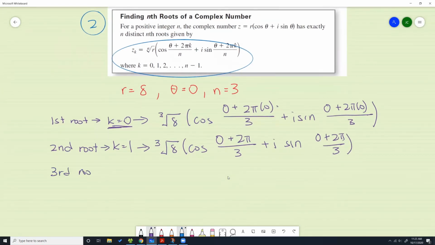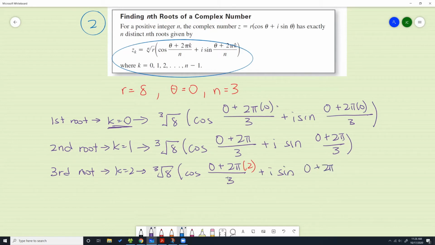Third root, k equals 2, cube root of 8 cosine 0 plus 2 pi times 2. So there's a lot of copy and pasting to use this equation. It's not as bad as it looks, but still a lot of work. And you gotta know your trig, you gotta do this by hand.